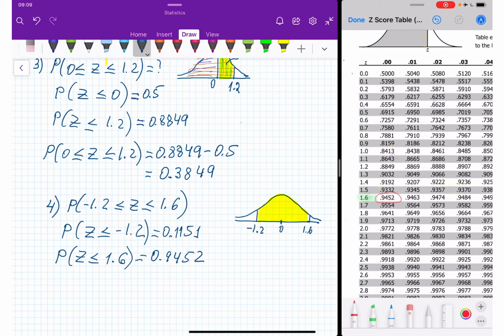0.9452. So this result area here is equal 0.9452 minus 0.1151.